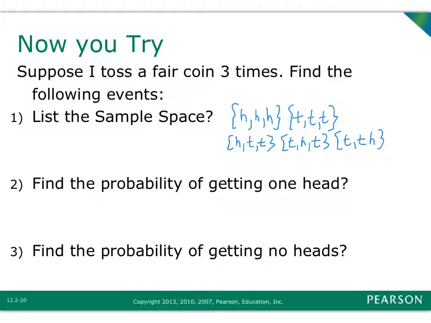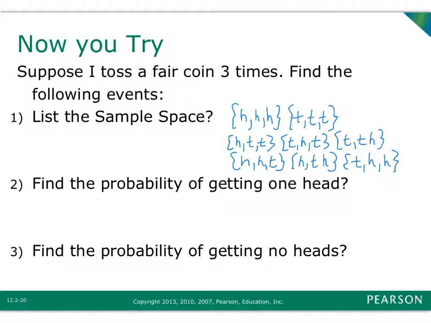So that completes 1 head, and then we can get heads, heads, tails. We can get heads, tails, heads. And finally, we can get tails, heads, heads. So there is our sample space. There's 1, 2, 3, 4, 5, 6, 7, 8 possibilities.